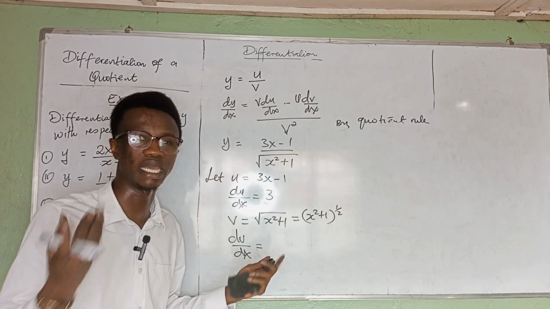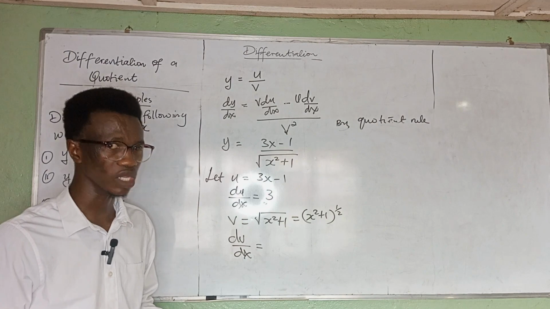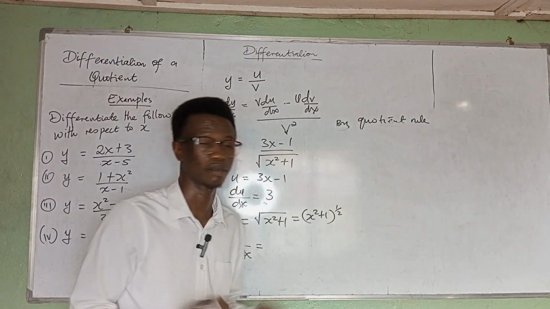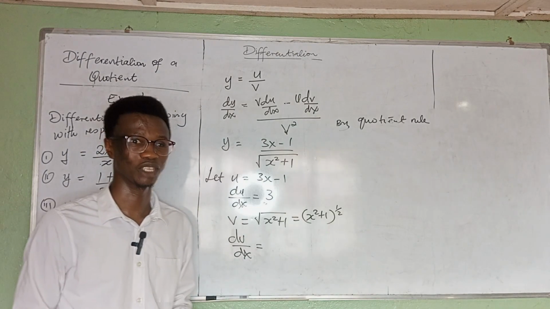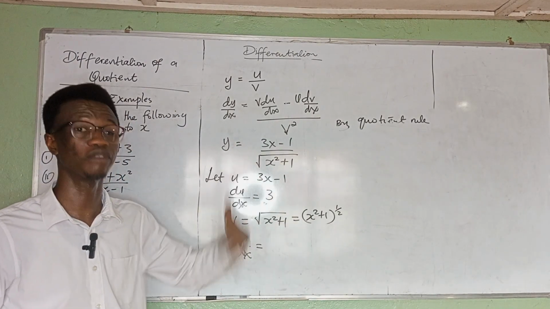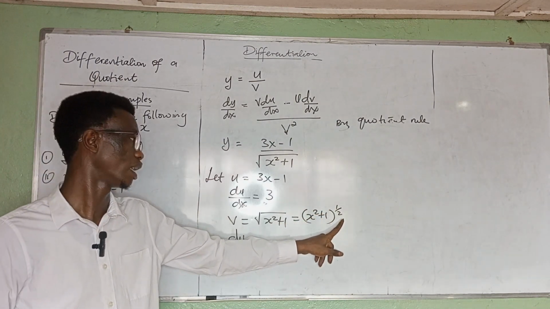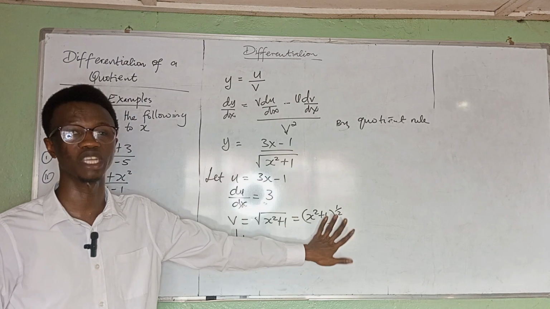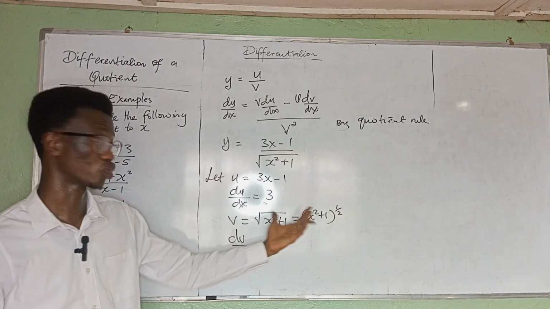I know it may be confusing, but I'm quite sure you will understand, because we'll get to that when we differentiate a function of a function. That's where you will see powers like this, and we have a different formula to solve that.